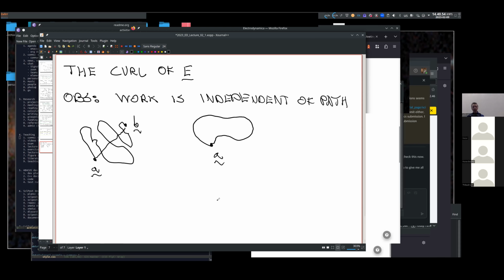So therefore, the line integral of the electrical field along a closed path P. The little circle in the integral here means closed path. The line integral of the electrical field around the closed path vanishes.